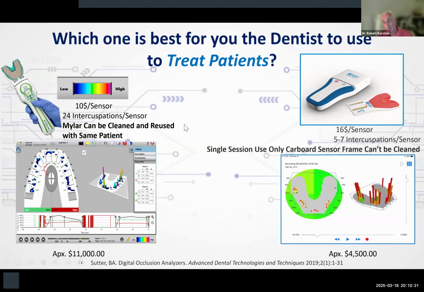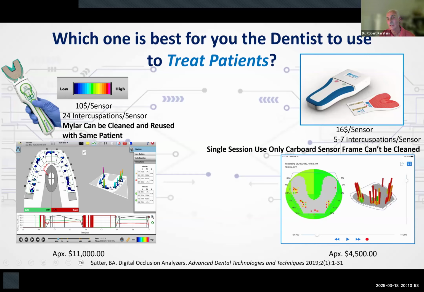OcluSense sensors, on the other hand, cost about $16 per sensor, and they only last for 5 to 7 intercuspations. They're not very strong. They don't hold up well to intercuspation. They perforate readily, which was determined in this individual assessment of the two technologies written by Dr. Sutter, which he published in 2019.